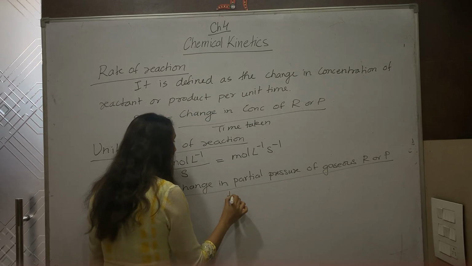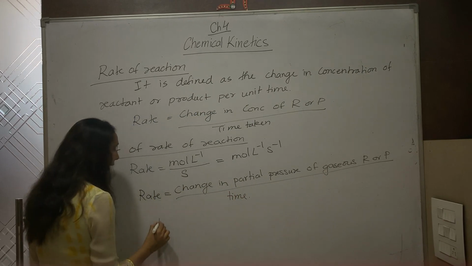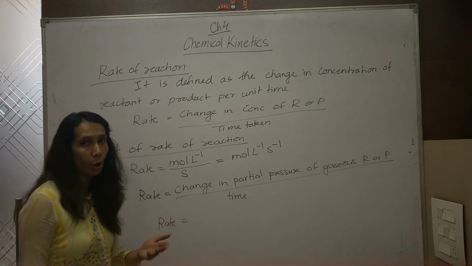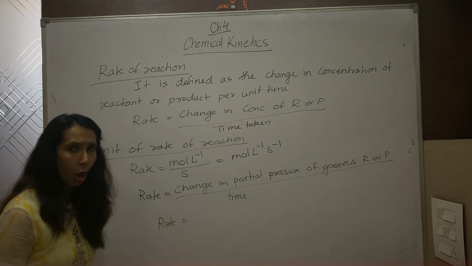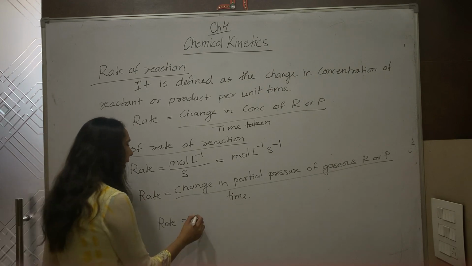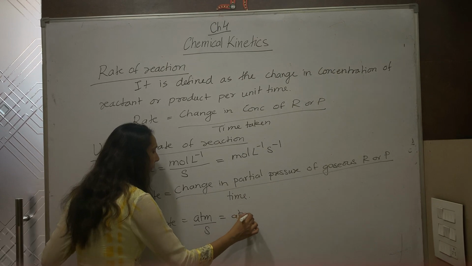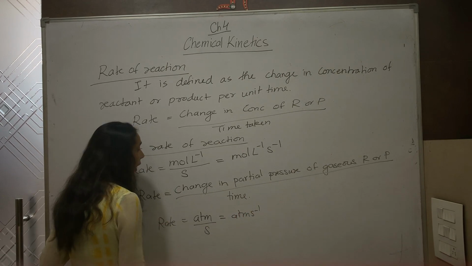Then in that case, the unit of rate will be, I can take the partial pressure in bar or atmosphere, most commonly, or in Pascal. If I take atmosphere and time in seconds, it will become atmosphere per second.